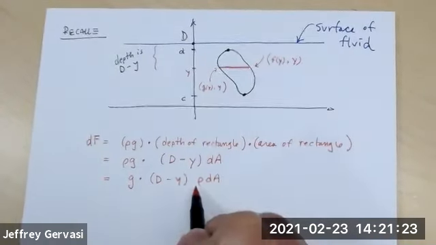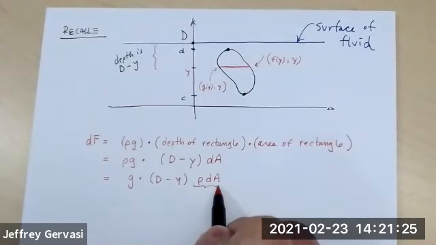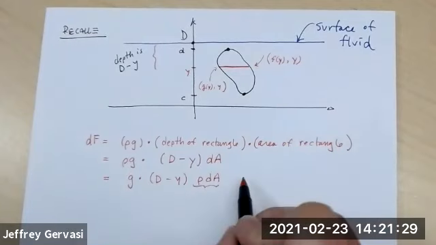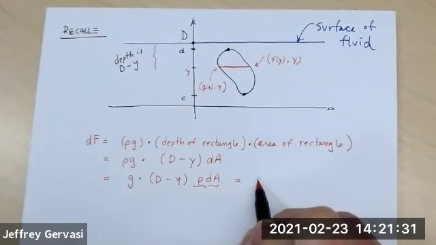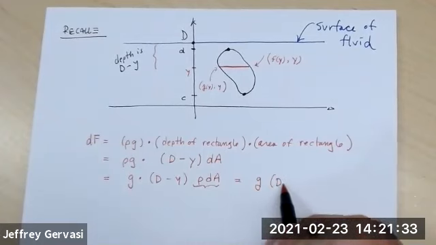Now remember from our work with centers of mass, this expression right here, do you remember what that is? Yeah, that's the differential element of mass. So I could actually write it this way as well.